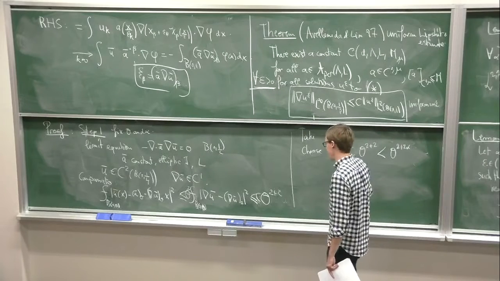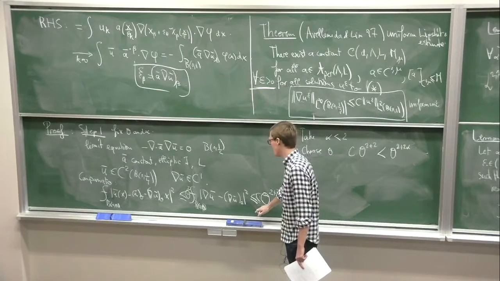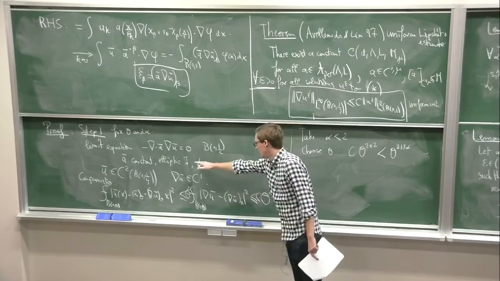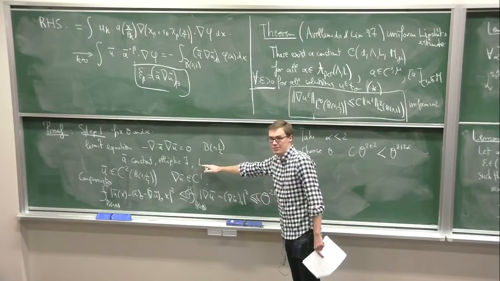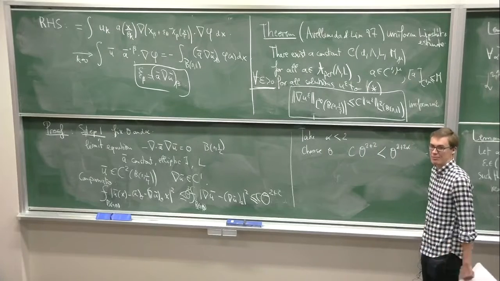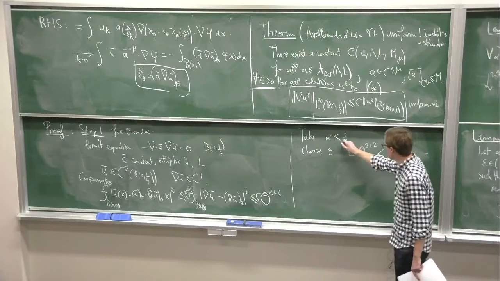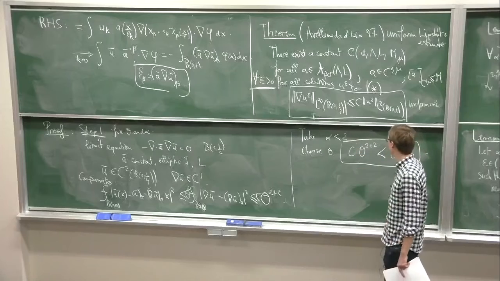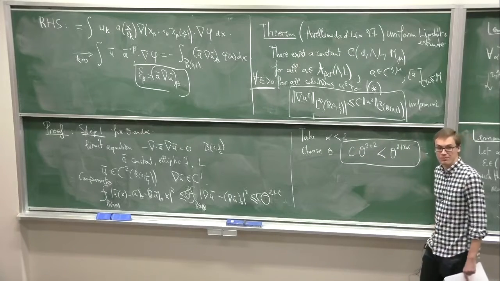And this constant C only depends on lambda and on L. So in the end, theta will depend on lambda and L. But this is fundamental in order to be able to do some contradiction argument.